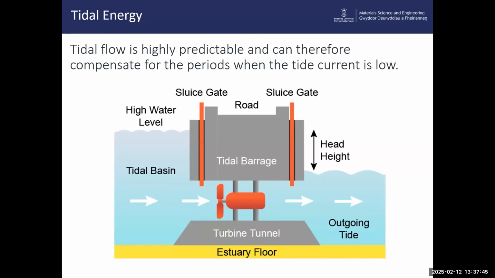Tidal lagoons might also be estuaries and have fresh water emptying into them as well. Unlike barrages, tidal lagoons can be constructed along the natural coastline. So hopefully we will see something down in this area soon.